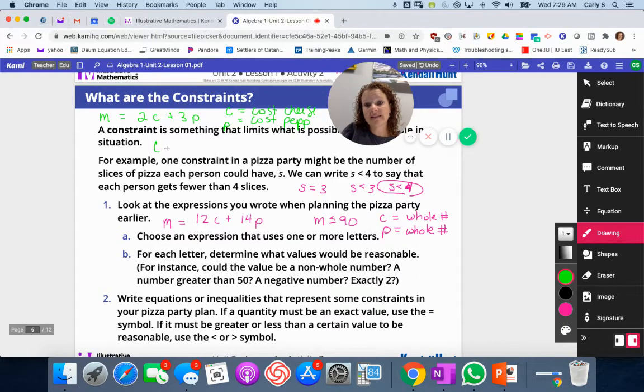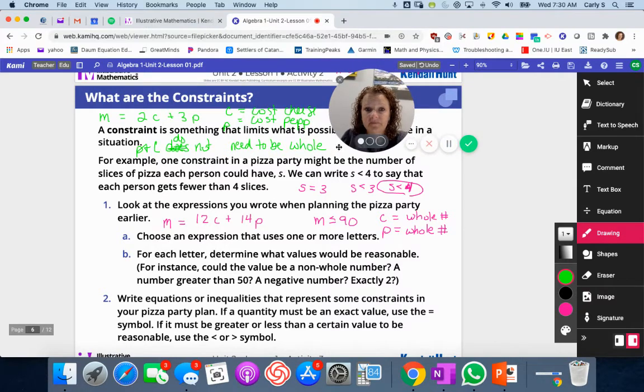Now, C doesn't have to be a whole number. And actually, P doesn't either. C and P both do not need to be a whole number because it's the cost of the pizza, and it doesn't have to be $12 exactly.